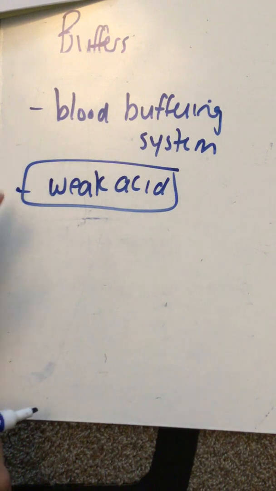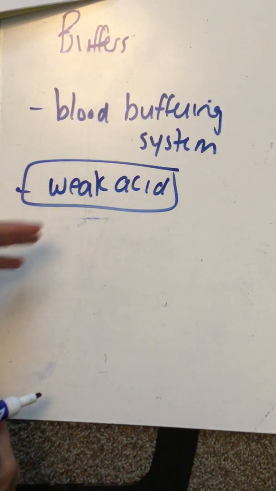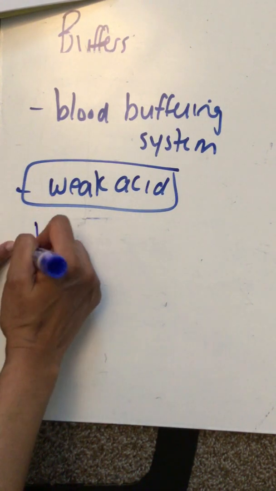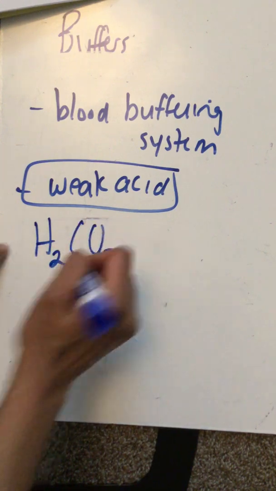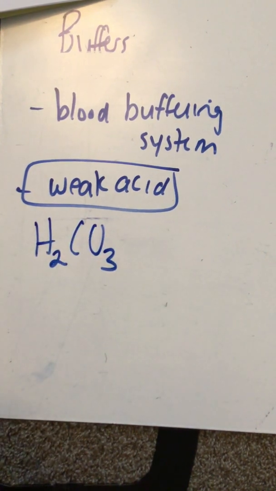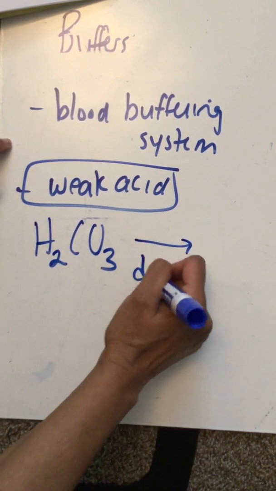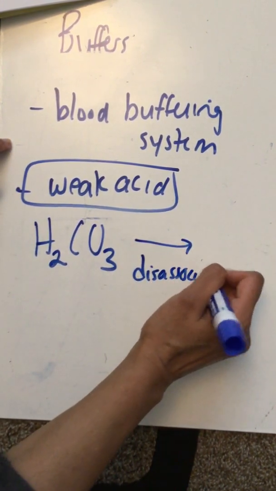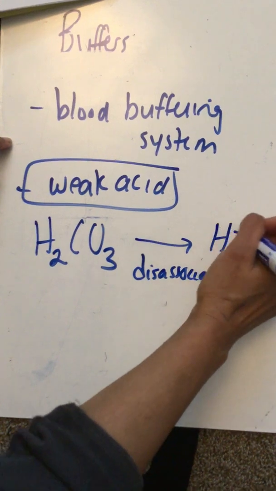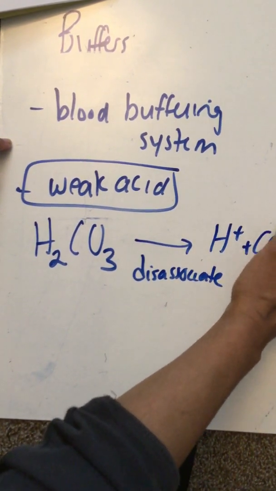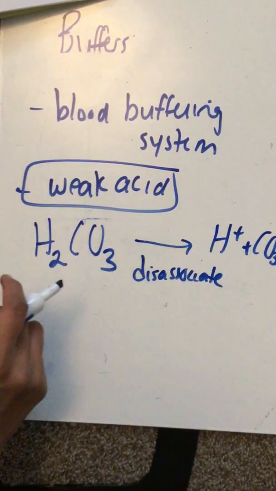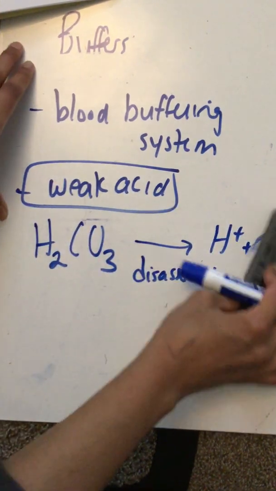Okay, your blood buffering system relies on a weak acid, and it relies on the weak acid H2CO3. Now the H2CO3 can dissociate, sorry, this is HCO3.